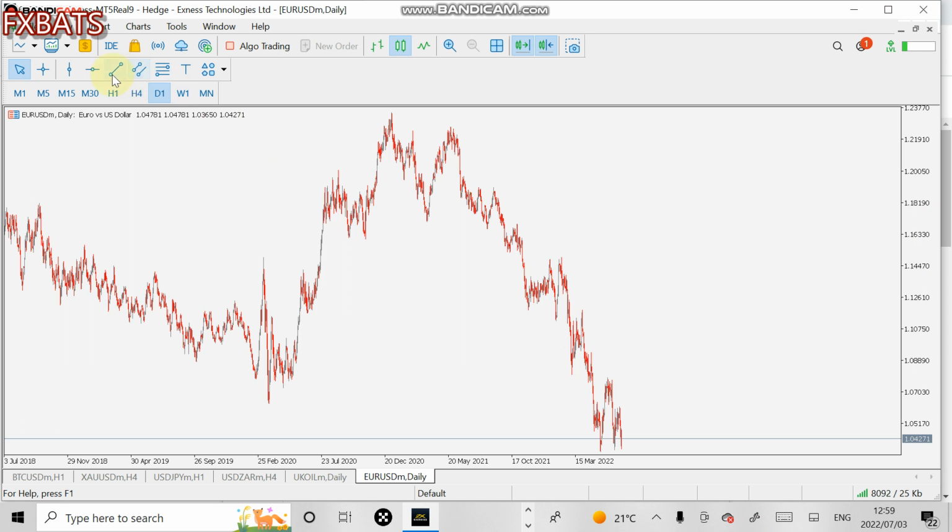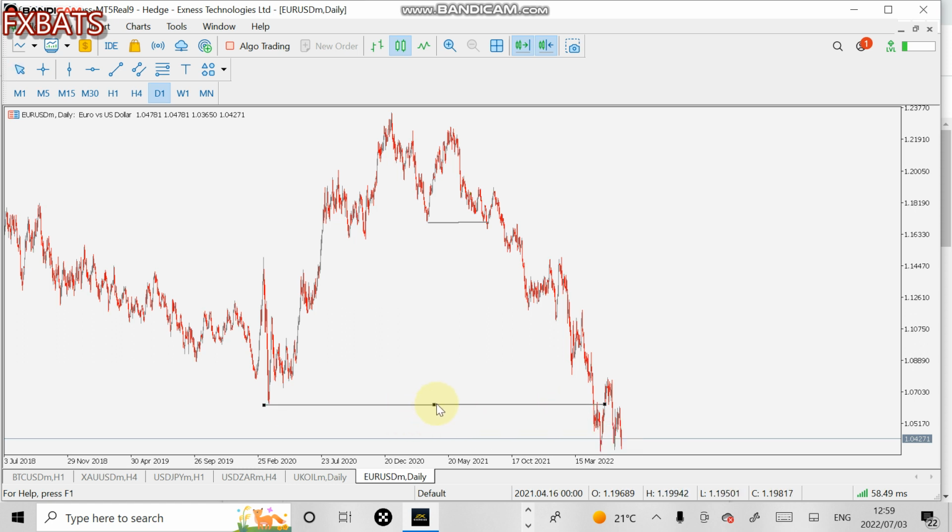On my daily here, I see the trend has been bearish. We've been bearish for a long time, because I see the major break of market structure here, where I'm putting the trend line.